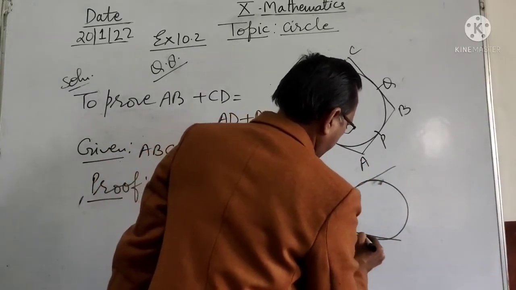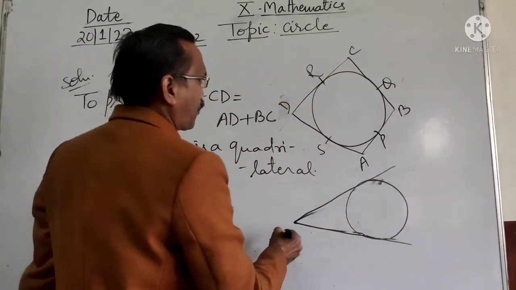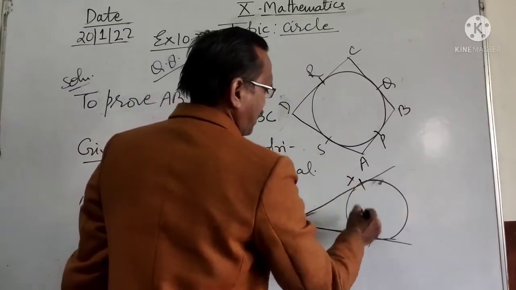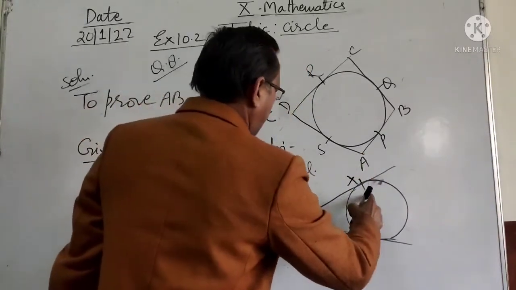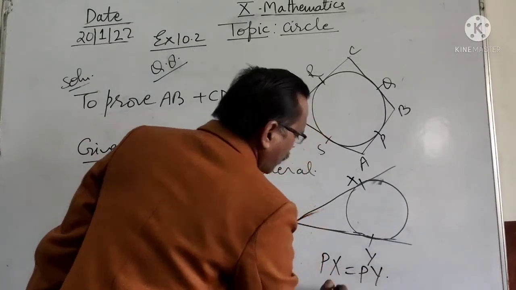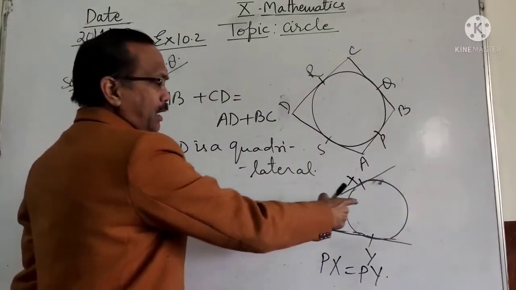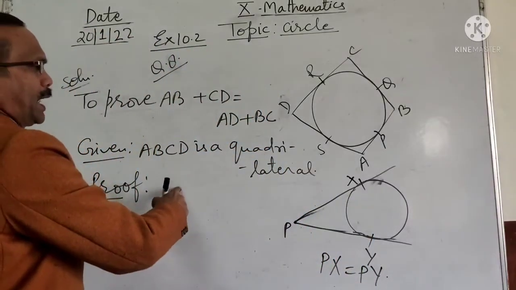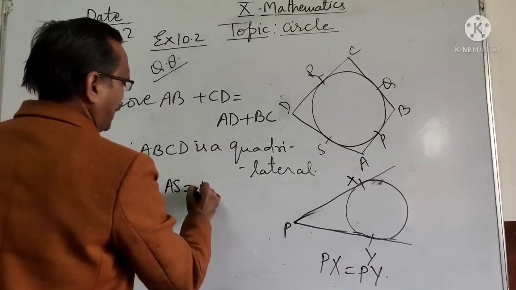Suppose these are the tangents drawn from the external point P, and these are the points, suppose X and Y. So according to the theorem, these lengths are equal: PX equals PY. The theorem is that the lengths of tangents drawn from an external point to the circle are equal.